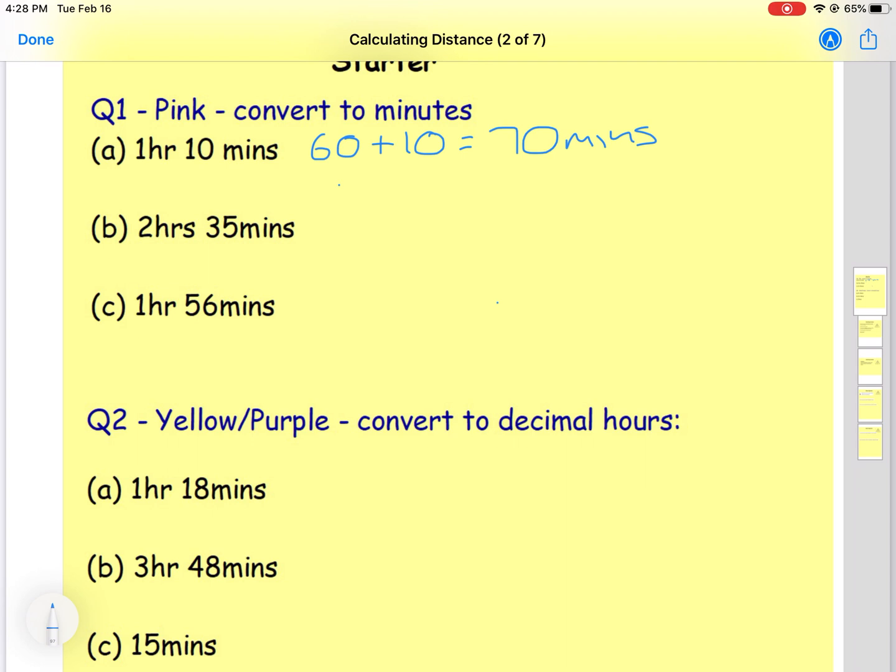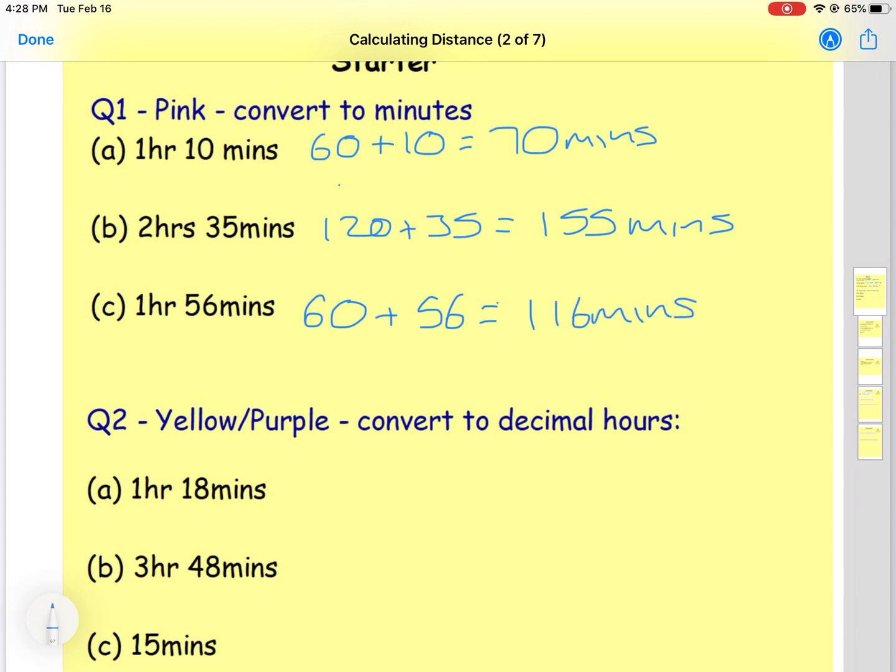In 2 hours then we have got 120 minutes plus 35, giving us 155 minutes. And the 1 hour and 56, we've got 60 minutes for the 1 hour plus 56, giving us 116 minutes. Hopefully that was quite straightforward to you. You got those okay?